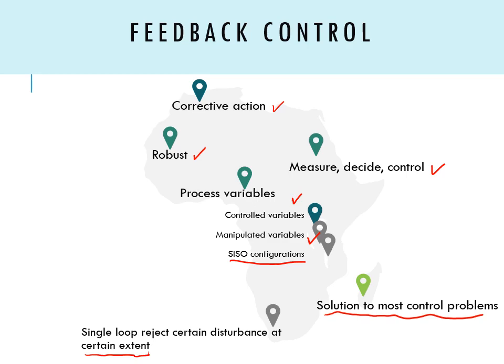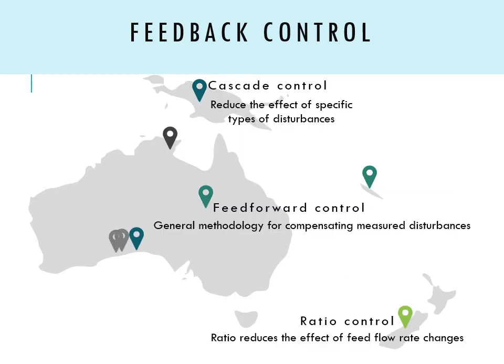That's why we need the other type of control system in order to overcome the limitation of the feedback control system. So the limitation of the feedback controller can be overcome by the use of other types of control system.